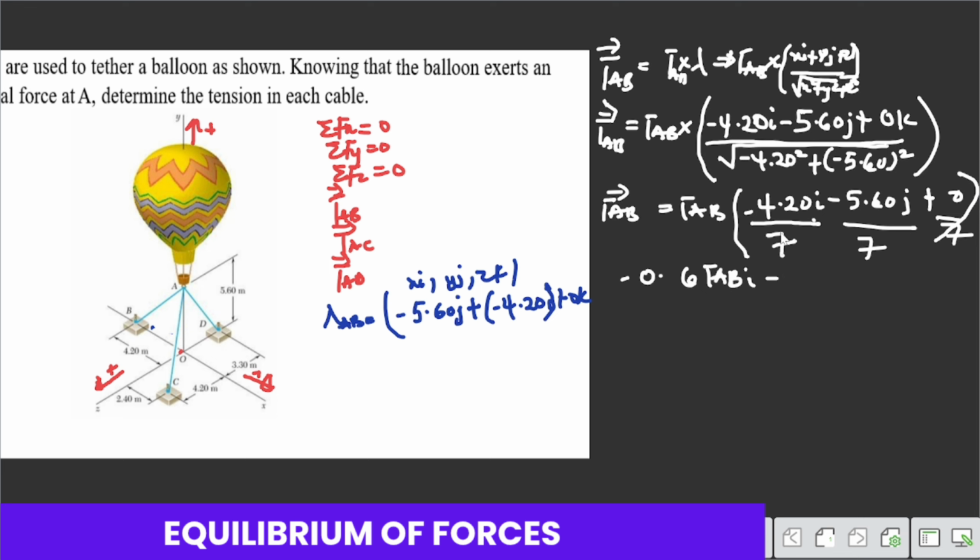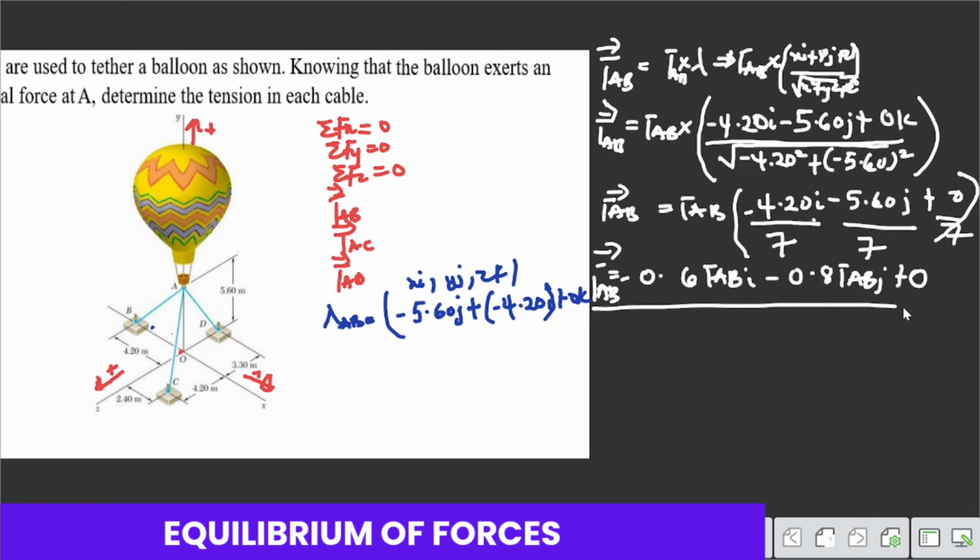So TAB multiplied by the whole of this, we're going to have negative 0.8 TAB J. Then lastly, this multiplied by this will give us 0, so we're going to have 0 here too as well. Then once we are done with the TAB here, we are done with the TAB.